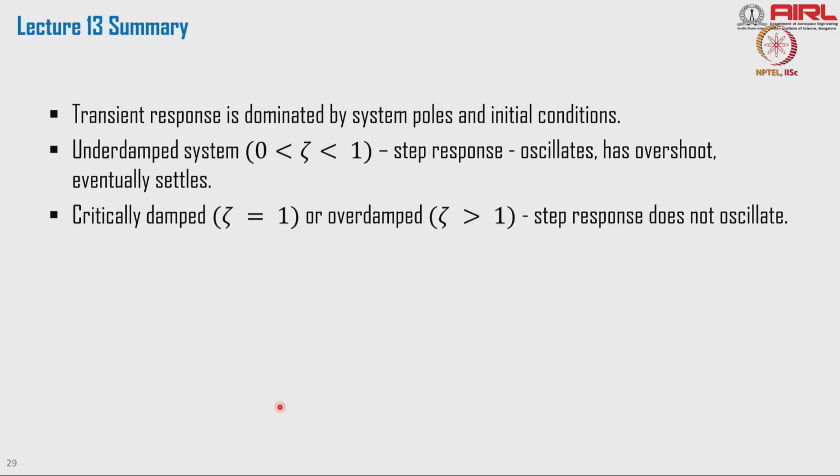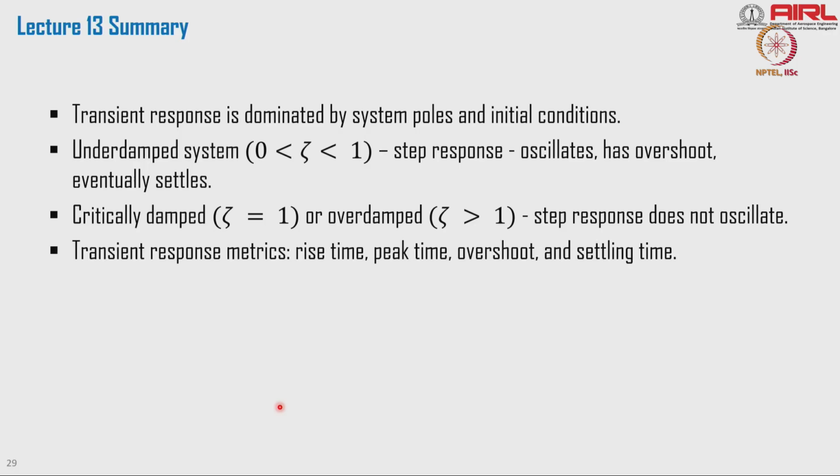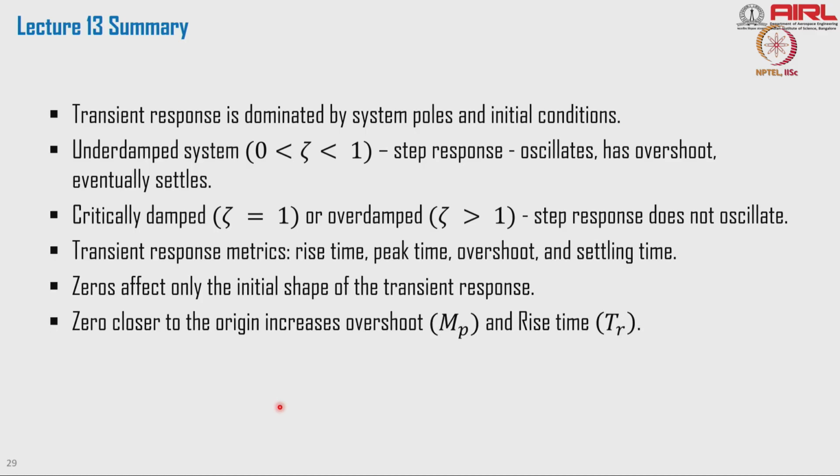We looked at rise time, maximum overshoot and settling time. We looked at the critically damped system and its transient response measures, because these are very important to design the controller later if the requirements are not satisfied, so that rise time is improved, overshoot is reduced or settling time is improved. We will discuss all that when we go into flight controller design.